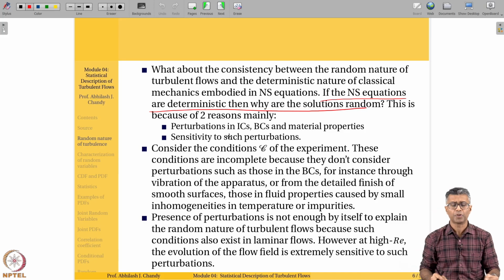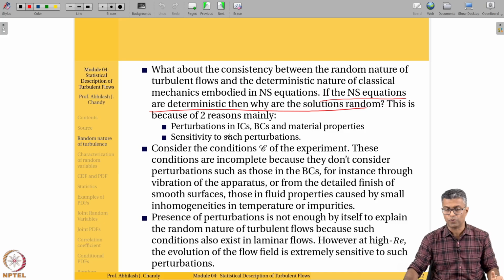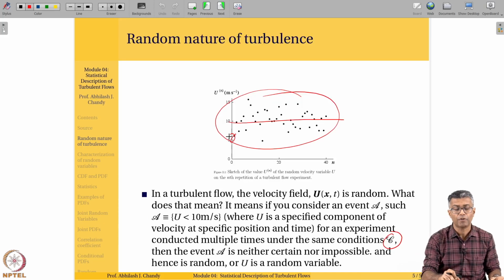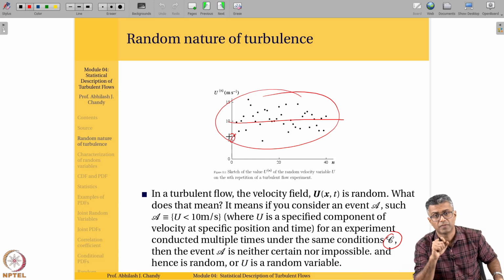Now one can argue that, well, even if the flow was laminar, you would have the same surface roughness, same impurities. Then what is the big deal with turbulent flows, that we get this kind of random behavior?